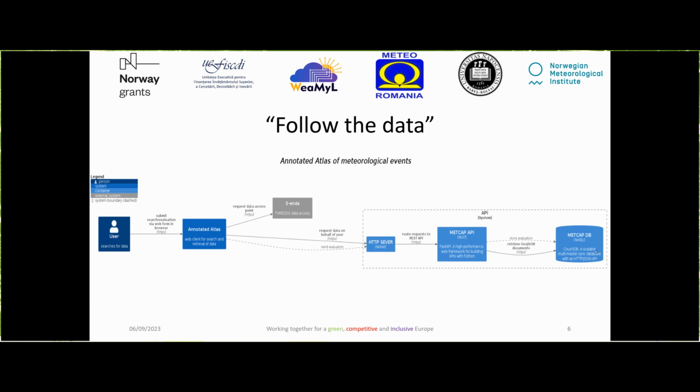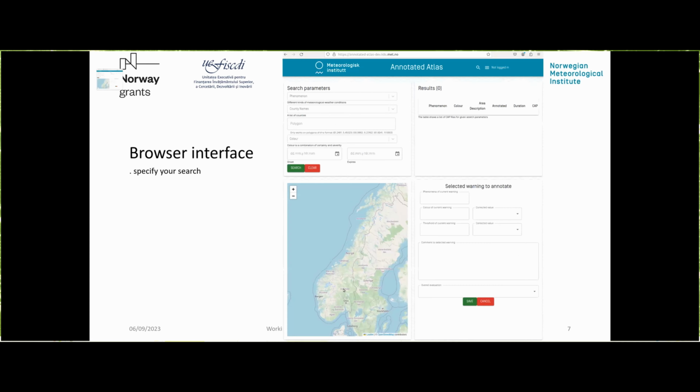The reasons we've chosen them are not that important at this stage, but I can always answer questions later on if you wonder why we've chosen this rather than PostgreSQL or some more traditional database, for example. So going on to the interface, this is what the user will meet when they visit the Annotated Atlas.